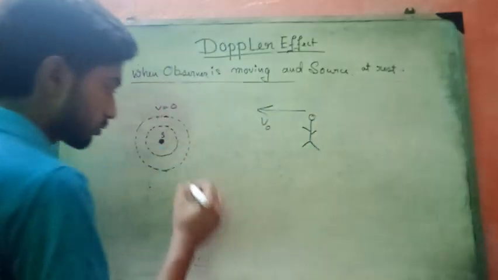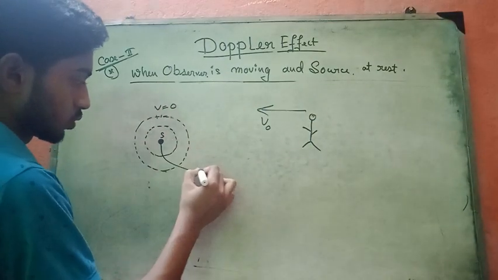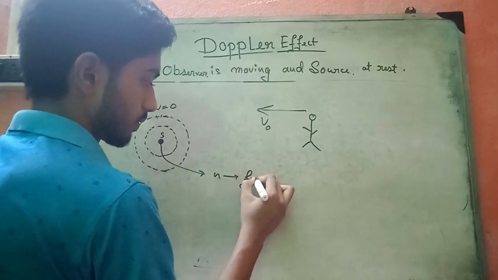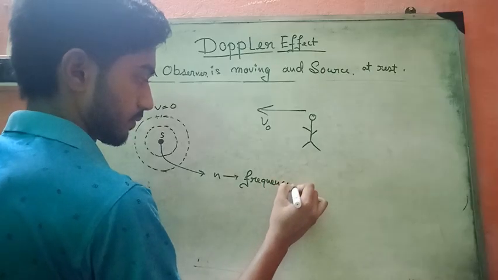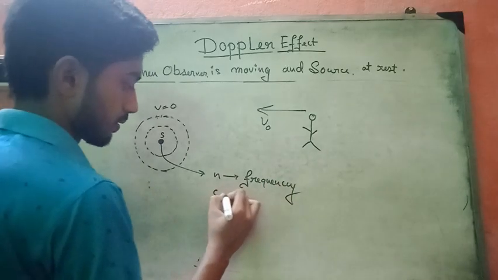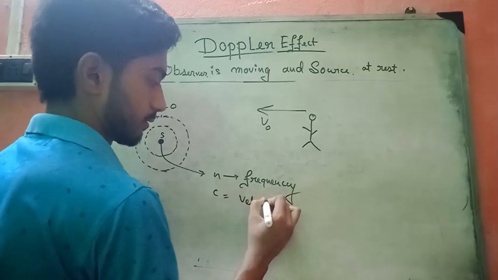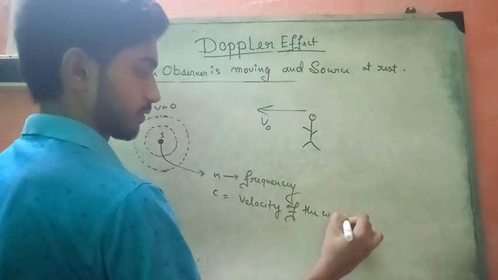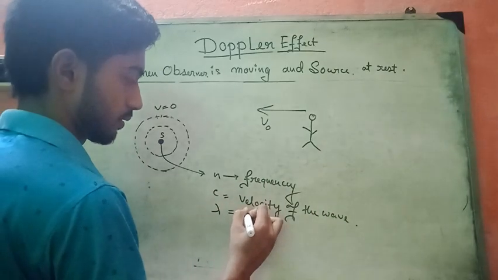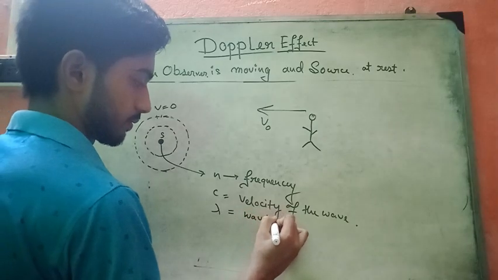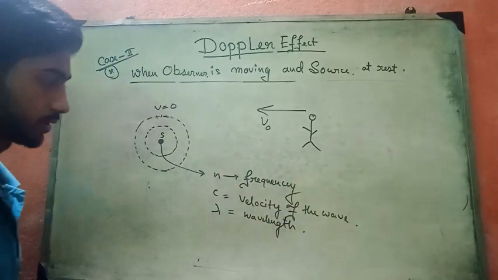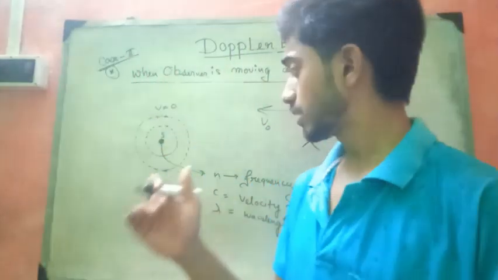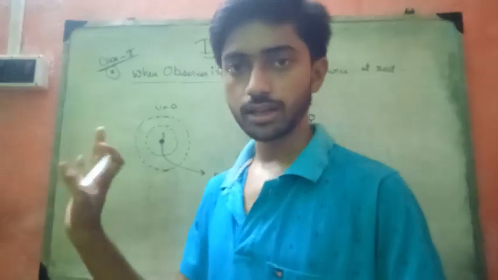As usual, the frequency of the source is n, the velocity of the wave is c, and lambda is the wavelength. Now here the wavefront is spherical.